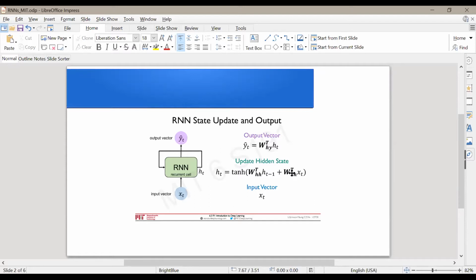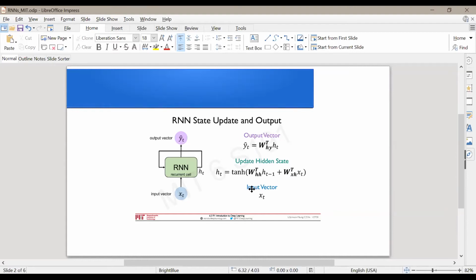The sum of these two is then taken through a tanh function, and the output of that is the hidden state for the next layer. That's how that works. And for the output, it's a different matrix that multiplies HT, the hidden state, by WHY, and that produces the output. Okay, and so we want to keep this in mind when we go through the implementation of this.